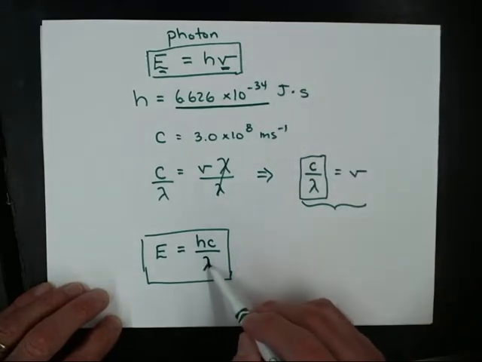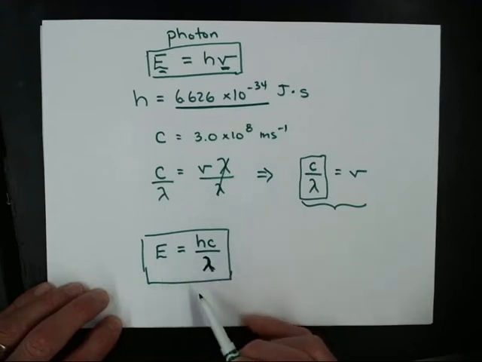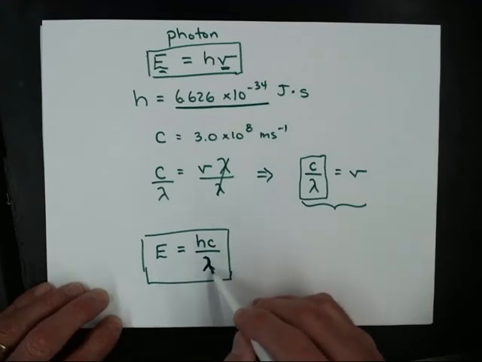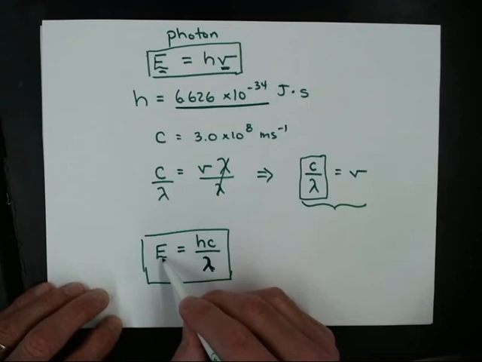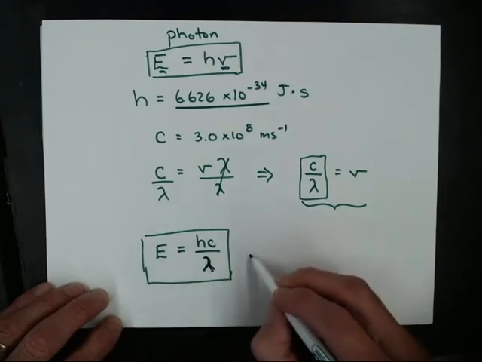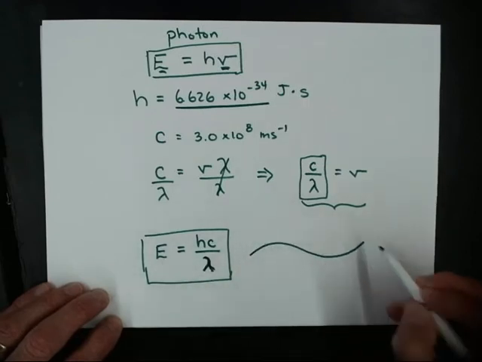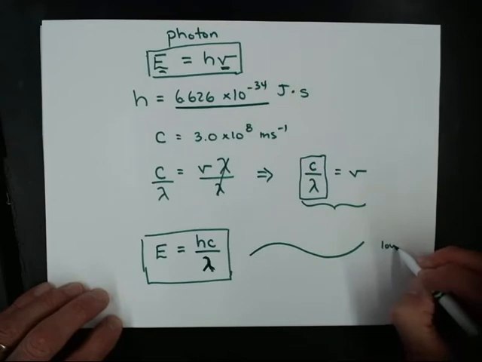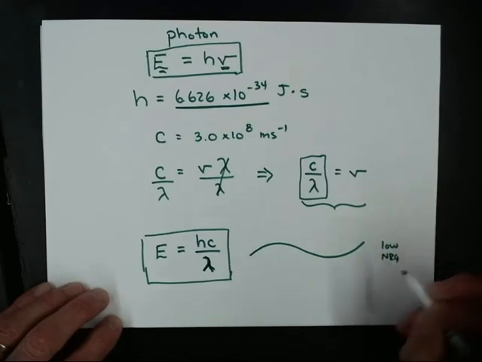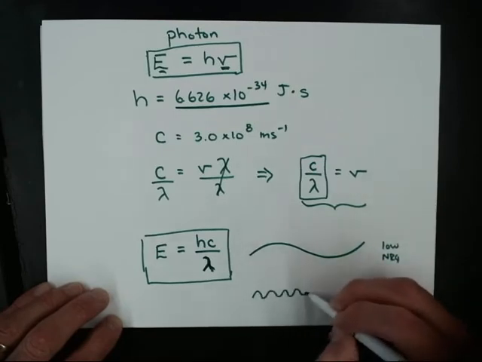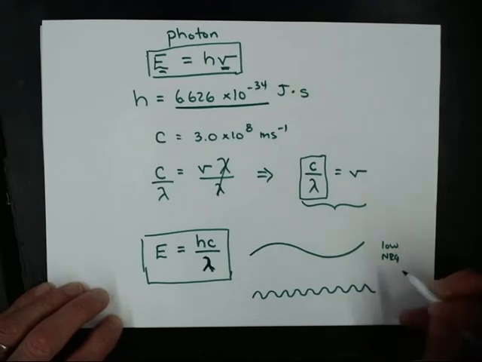On the other hand, because on this side we're dividing by the wavelength to get the energy, we see that the higher the wavelength, the lower the energy. So this means long wavelength waves have low energy, whereas short wavelength waves have high energy.